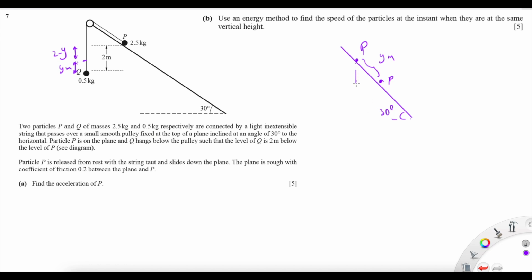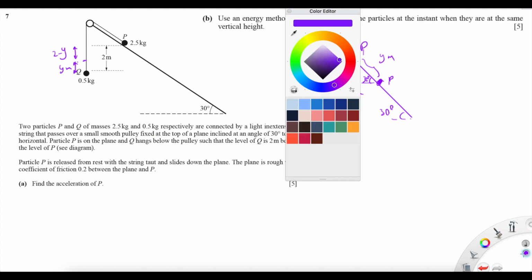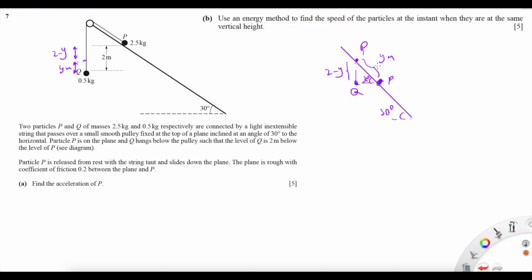So forming a right angle triangle, we know that this angle is also 30. Q and P are supposed to be at the same height. So this is 2 minus y. Then we have opposite and hypotenuse. They form a right angle triangle. So we can write sine of 30 is equal to opposite over hypotenuse. Sine of 30 is half.